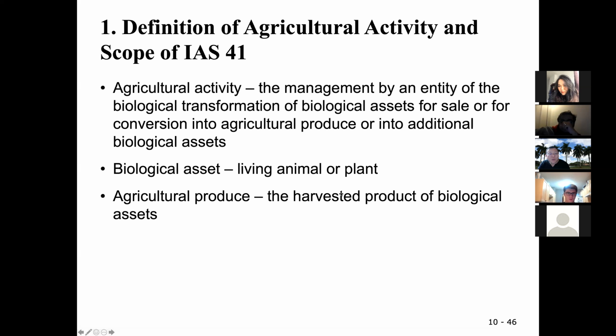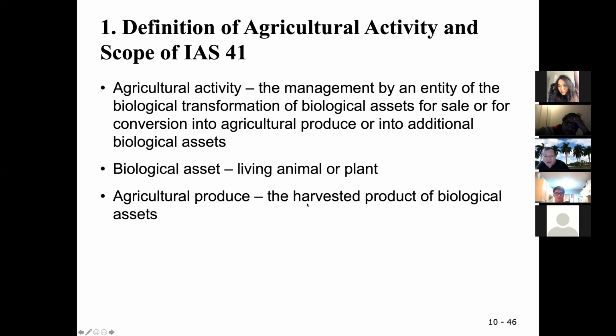So what is defined as agricultural activity? The management by an entity of the biological transformation of biological assets for sale, or for conversion into agricultural produce or into additional biological assets. Like dairy farms, the milk dairy cows. Biological assets are living animals or plants, crops maybe, and the cattle I mentioned.